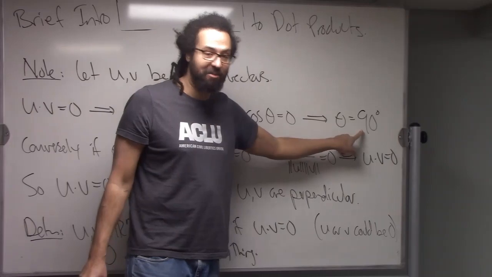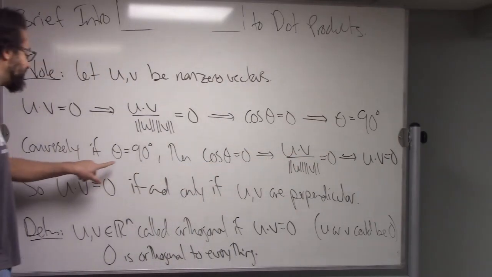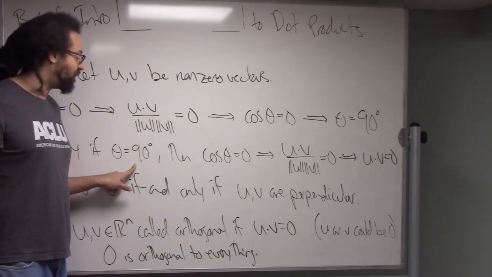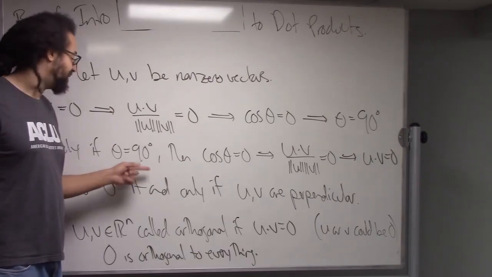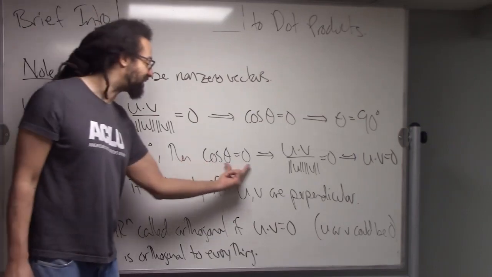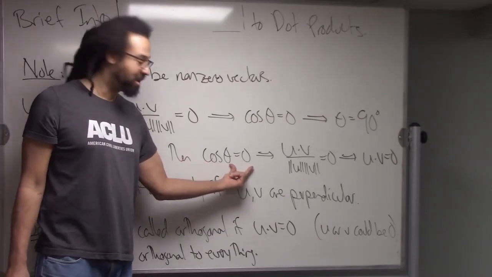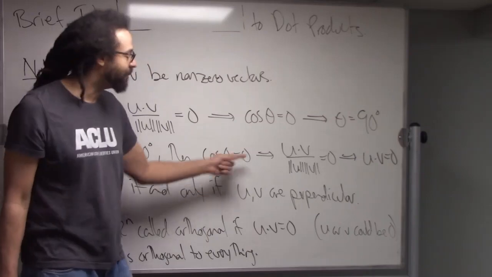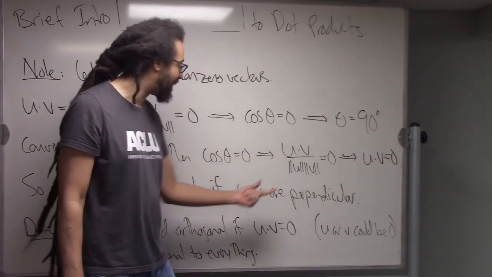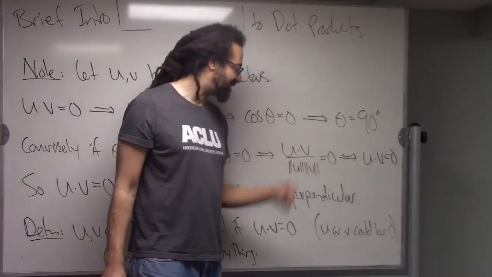What about the converse? Let's suppose now that the angle between the two vectors is 90 degrees. What can we say about the dot product? Well, if the angle is 90 degrees, then that means the cosine of that angle must be 0. What's the cosine of the angle? It's u dot v over magnitude of u times magnitude of v. So now we know this fraction is equal to 0.